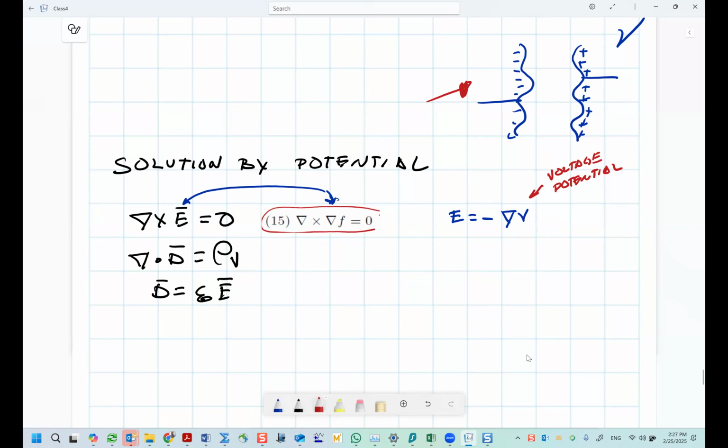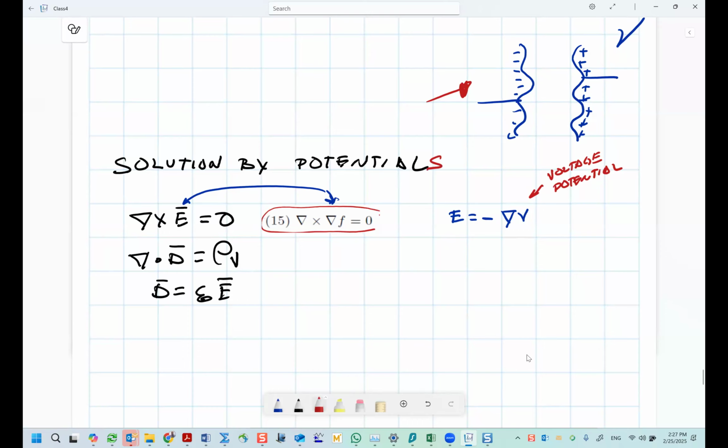To give the right physical meaning that the electric field measures the force of moving a charge from infinity to a point, it's best if we put that negative.